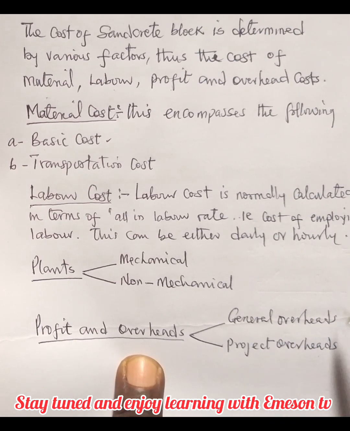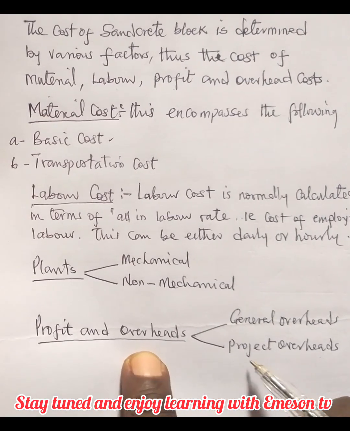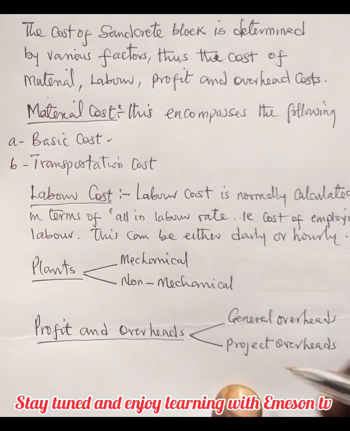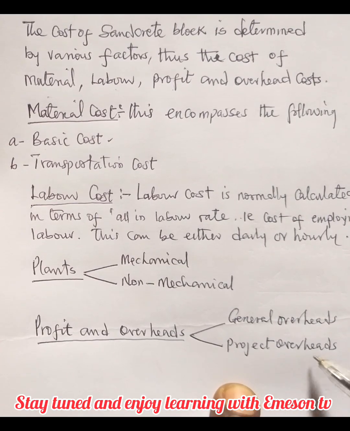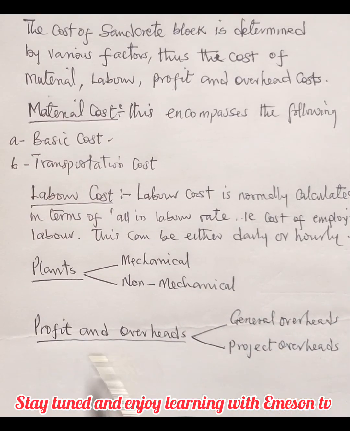General overhead has to do with the cost which the firm incurred as a result of running the firm on their daily activities. It has nothing to do with the project at hand. Then the project overhead is the cost which the firm incurred as a result of running or carrying out this particular project. So this project overhead has to be considered. So at the end, when building your unit rate, profit and overhead has to be added.